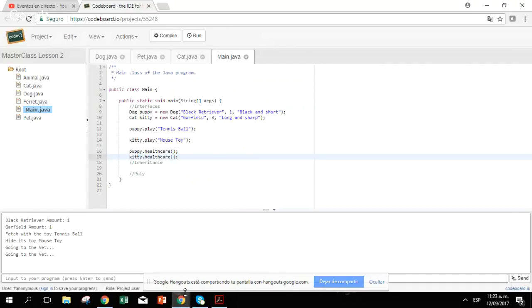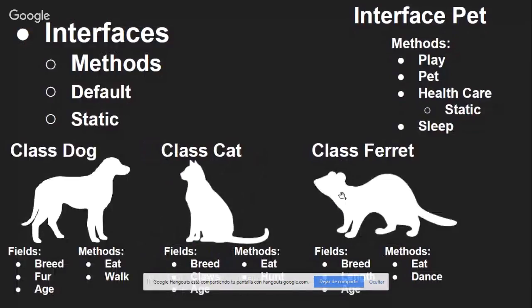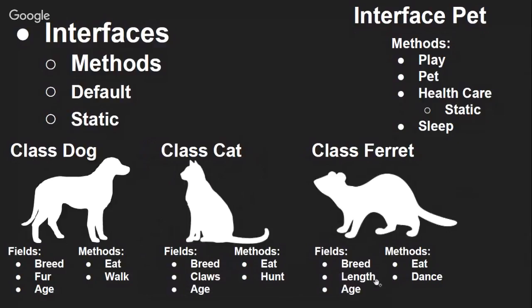So now we are going to view, for example, if we want to add a new class named ferret. Both class dog and cat are already used in other parts of our code, and we want to add a new behavior on the interface pet for this new class ferret.